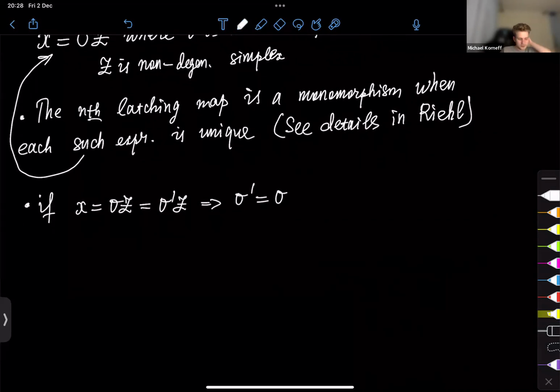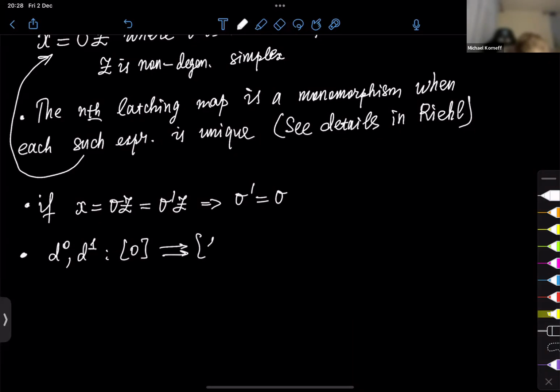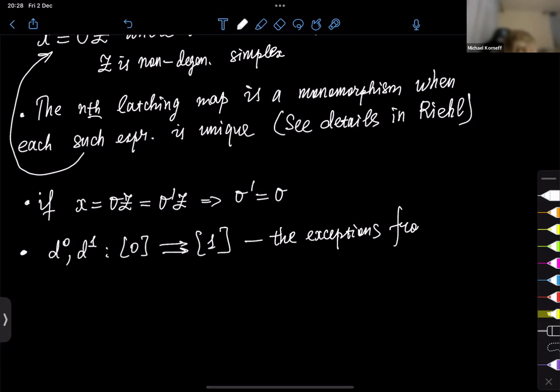And it turns out that this is true for nearly all morphisms in delta. The only exceptions are D0 and D1. The exceptions from some rule.